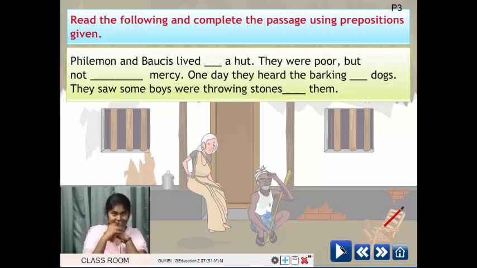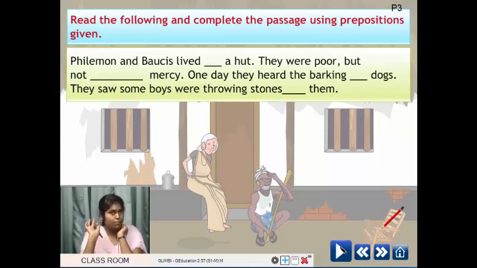Ready? Yes? Here, Philemon and Baucis lived dash a hut. They were poor but not dash mercy. One day they heard the barking dash dogs. They saw some boys were throwing stones dash them.